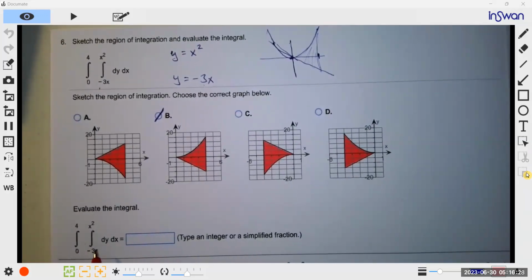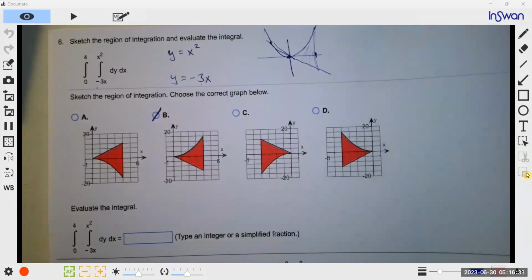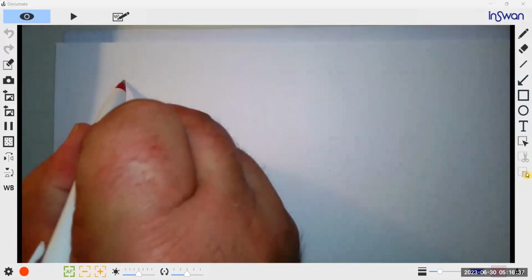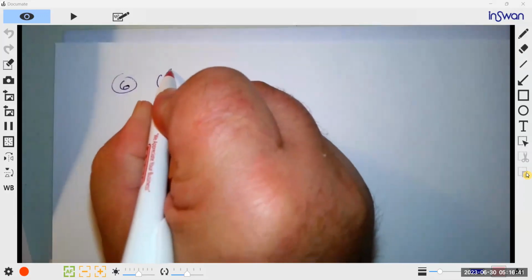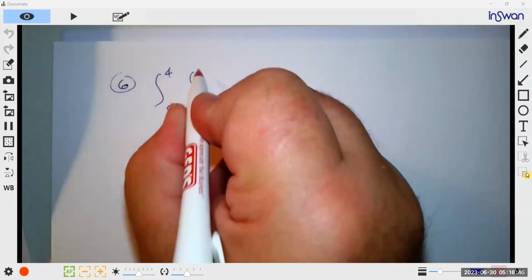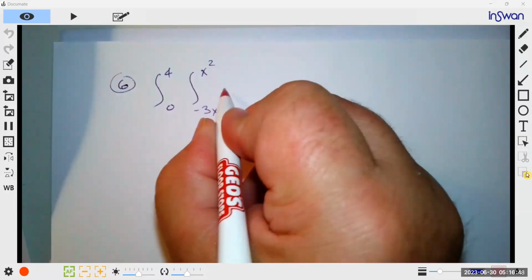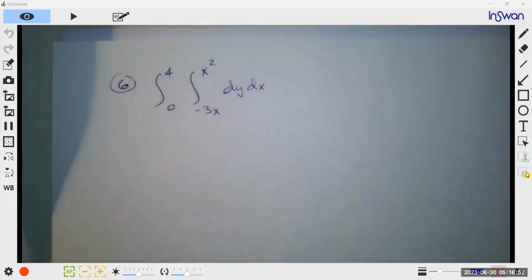Now we've got to find the integration of it. So we go from 0 to 4, negative 3x to x squared, dy dx.